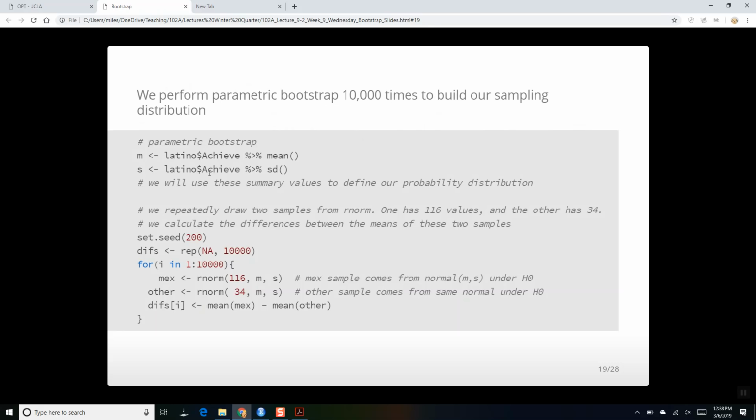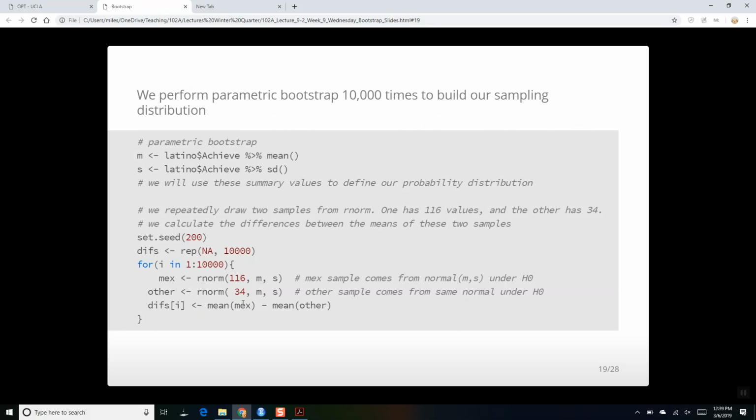I think you learned this in 100A or 100B, that the difference between two normally distributed variables is going to be another normal distribution, where the mean is mu A minus mu B and the variance is the variance of A plus the variance of B. That's basically what the t-test is assuming here.